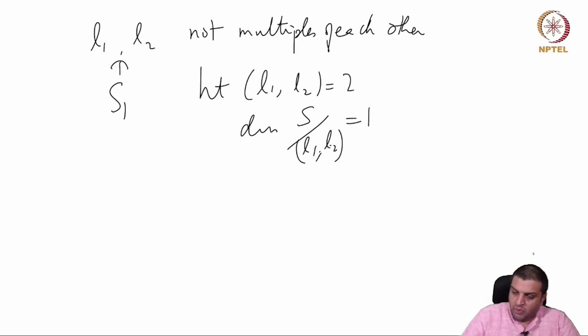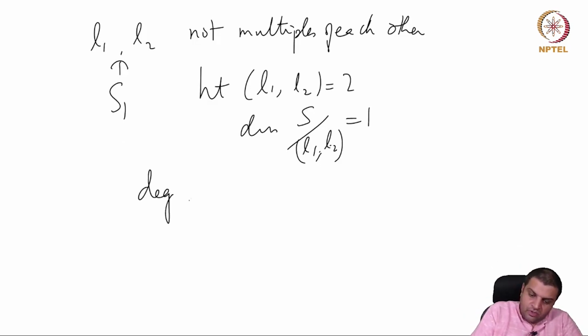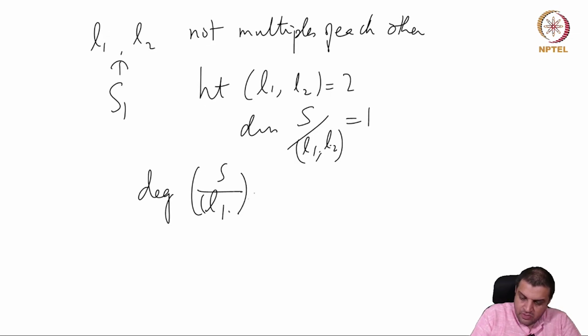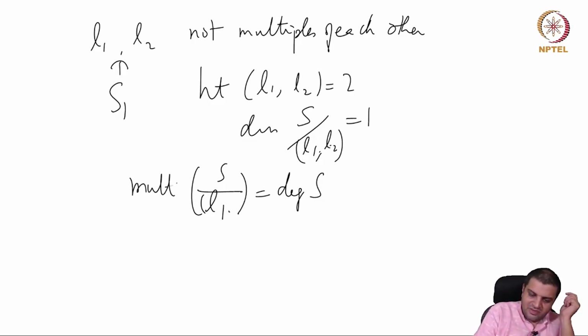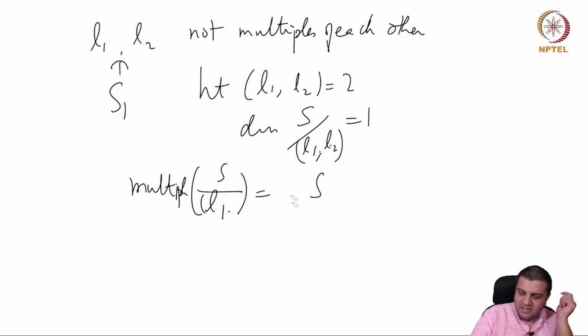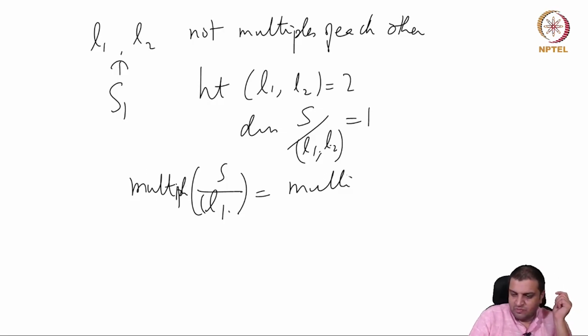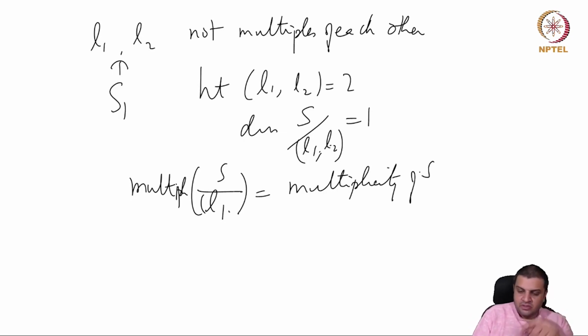And more importantly, the multiplicity of S mod (L1, L2). Going modulo one element, a non-zero divisor, does not change multiplicity.